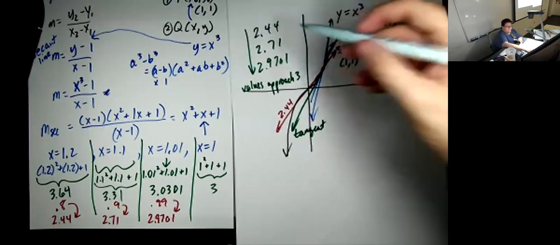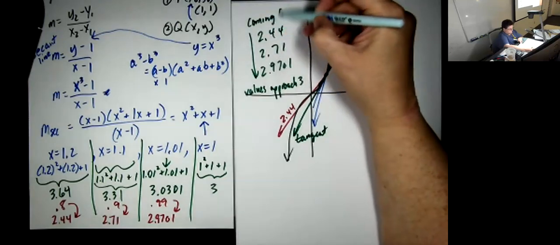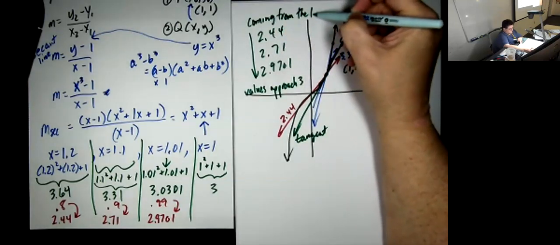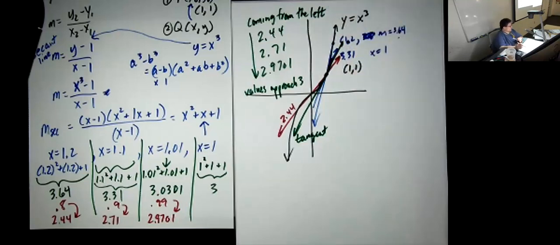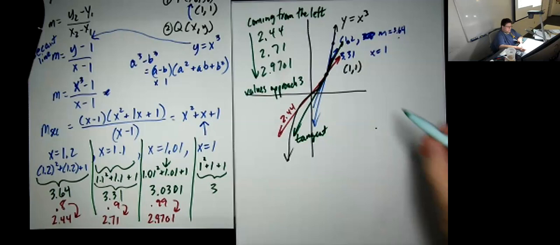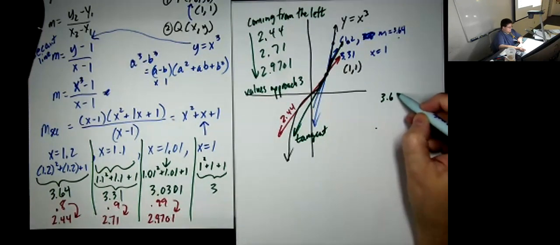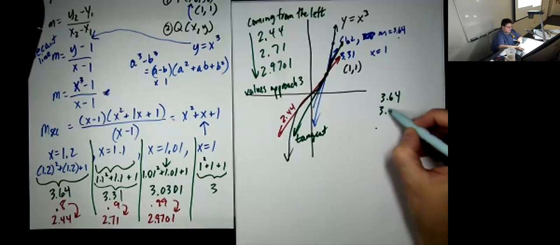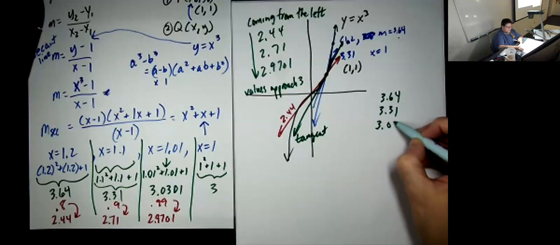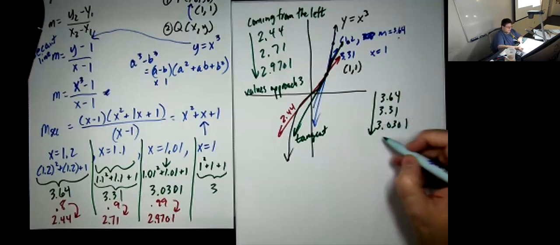This is a lot of computation, but there's a point to it. Coming from the right, we had 3.64, 3.31, 3.0301 as we got closer to x. This is also approaching 3.